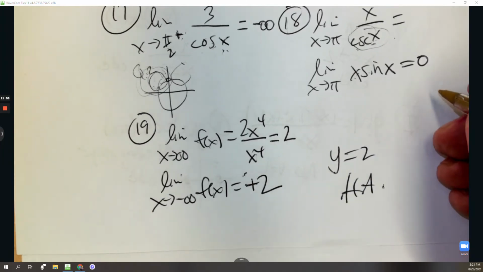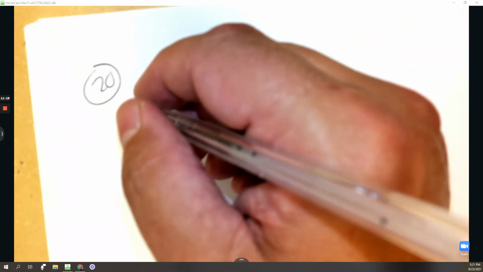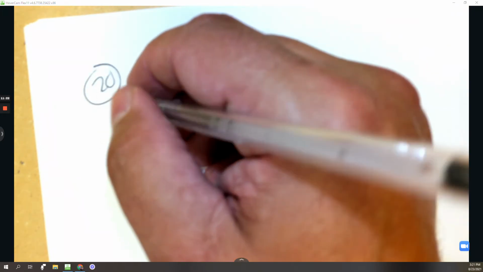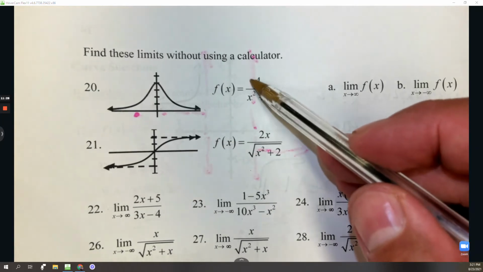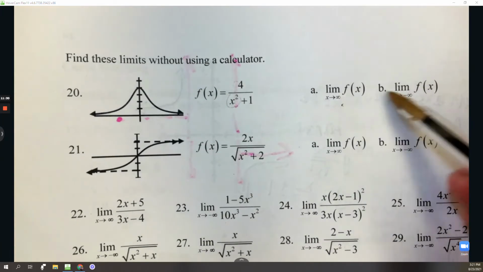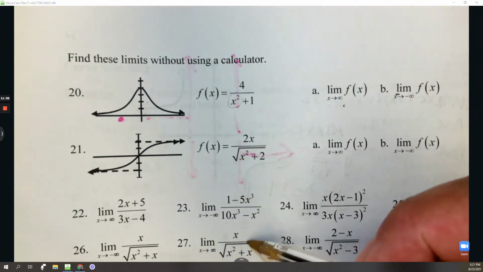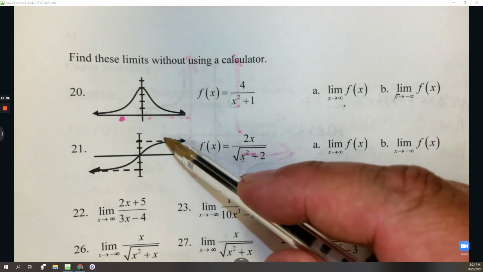Number 20. For number 20, again, we're trying to find the end behavior. So let me just talk you through it and then we'll write down the answer. When the bottom is more powerful, both ends are going to 0, as you can tell. Here, we have 2 asymptotes.